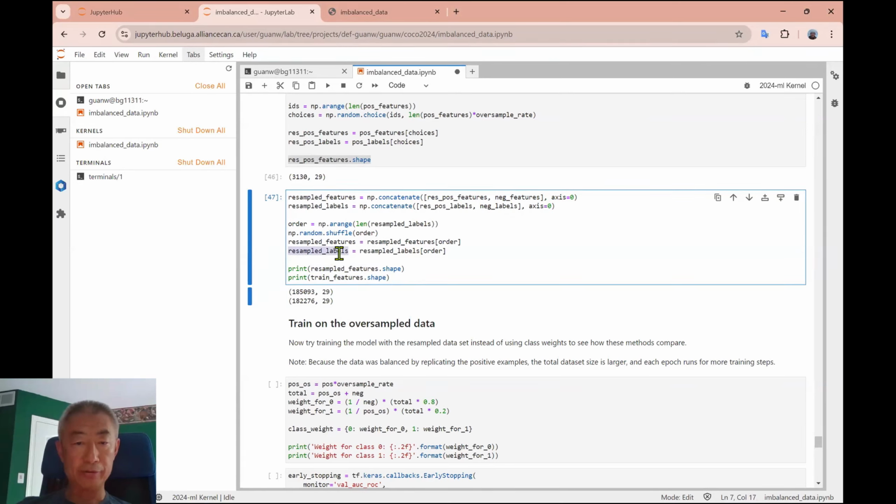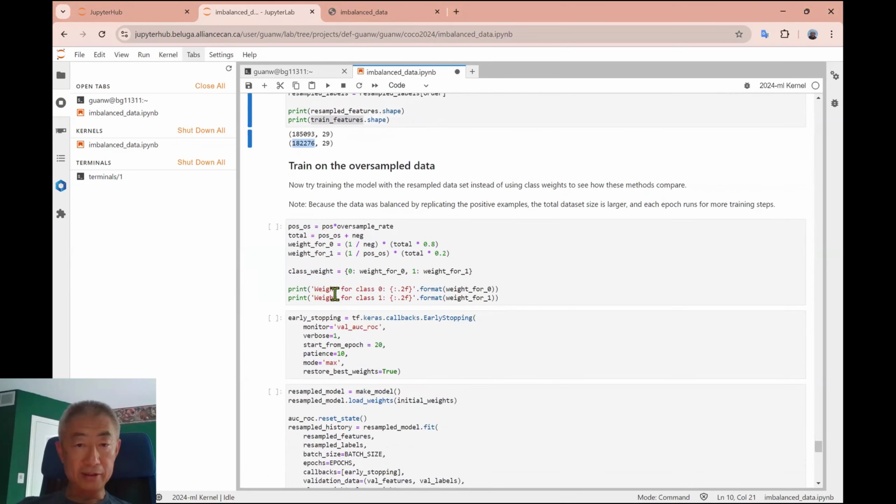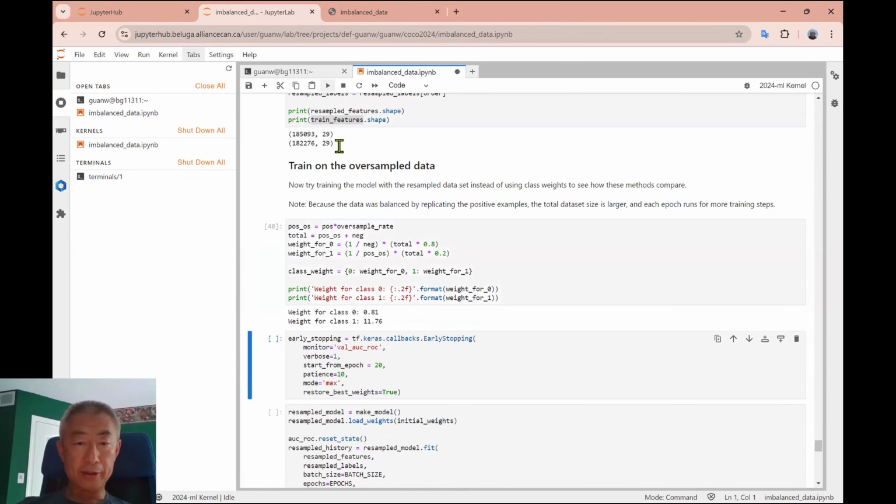So these two are what we need for the rest. If you compare the resampled with the not resampled, you see we have an increase of roughly 3,000, maybe close to 3,000. Okay, all right. So let's train on the resampled data, but we can still play with the weight.